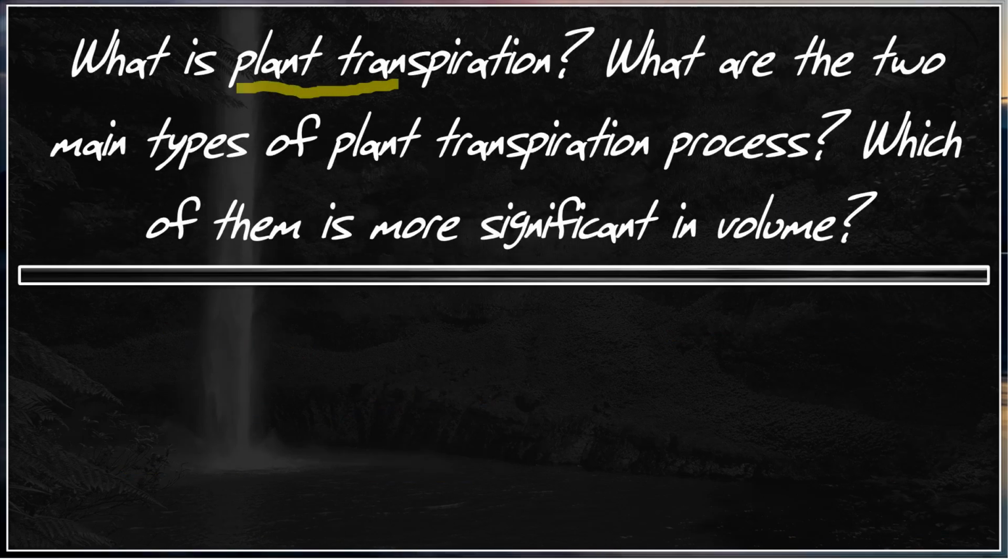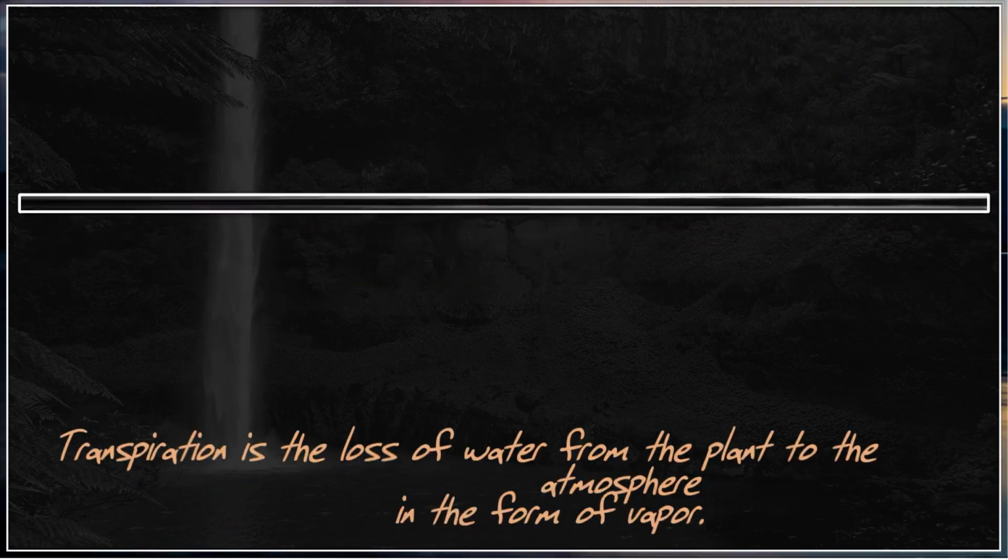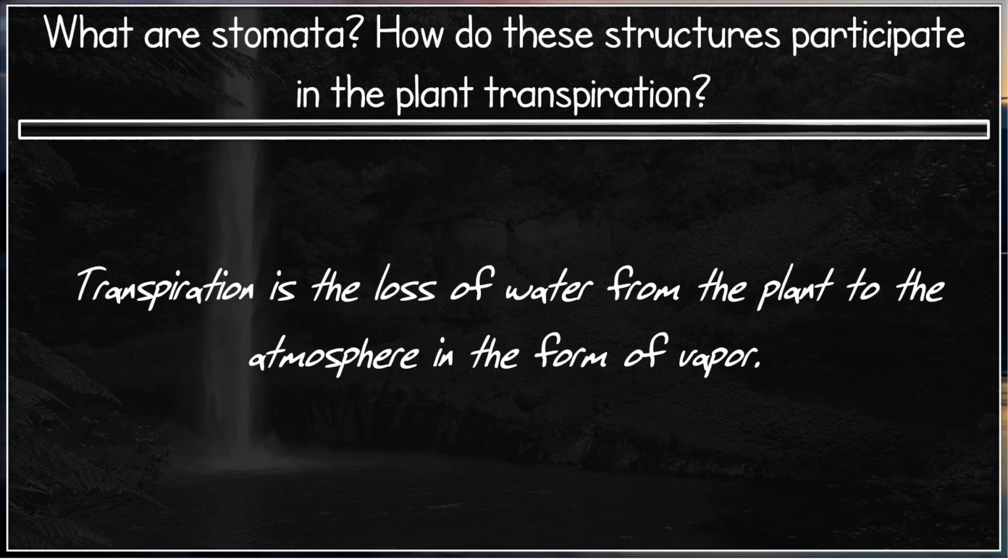What is plant transpiration? What are the two main types of plant transpiration process? Which of them is most significant in volume? Transpiration is the loss of water from the plant to the atmosphere in the form of vapor.